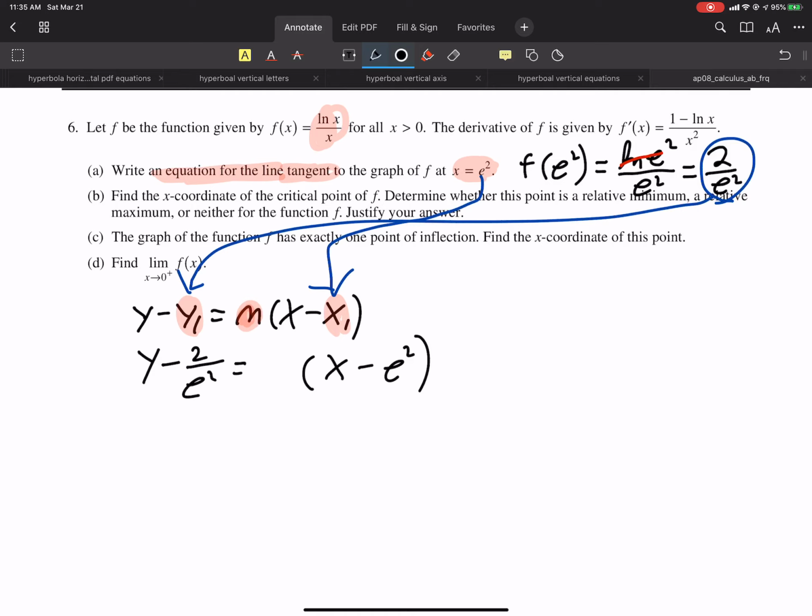Oh, isn't it the derivative? Isn't that the first thing we learned about the derivative? It's the slope of the tangent line. So if I find the derivative at that point, that should give me the slope of the tangent line.